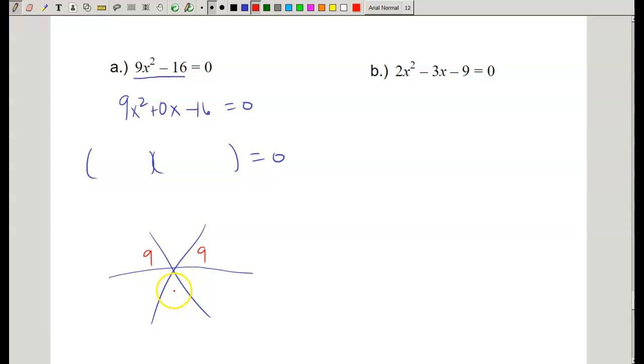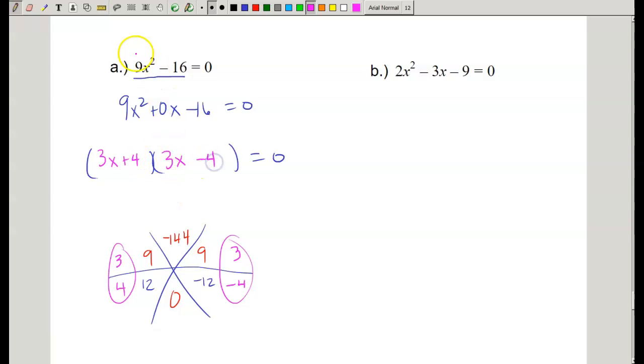We're going to add up to 0, and then we have to multiply to 9 times 16, which is 144, or negative 144. The two factors that you get then are 12 and negative 12. Then you would have to reduce these columns by dividing everything by 3. So you get a 3 and a 4 here, 3 and a negative 4 here. So this would factor to 3x plus 4, 3x minus 4.